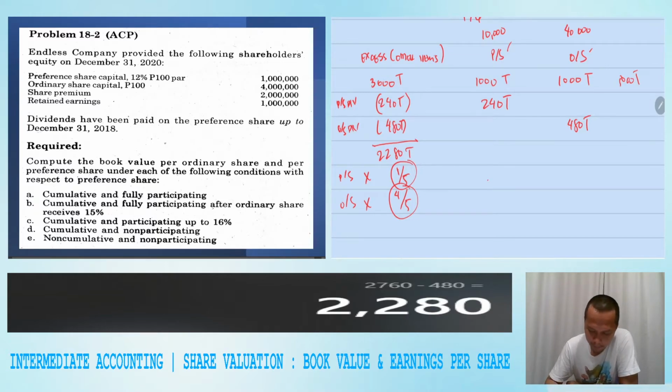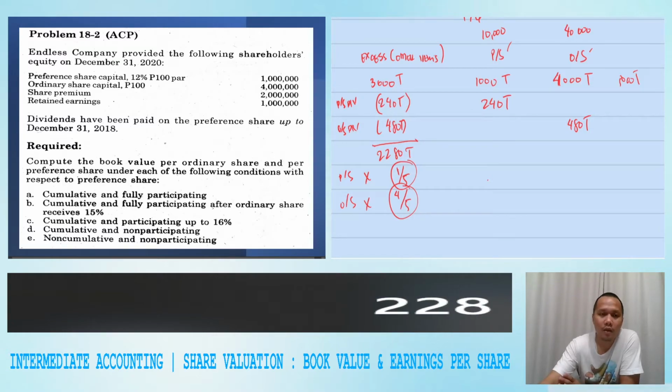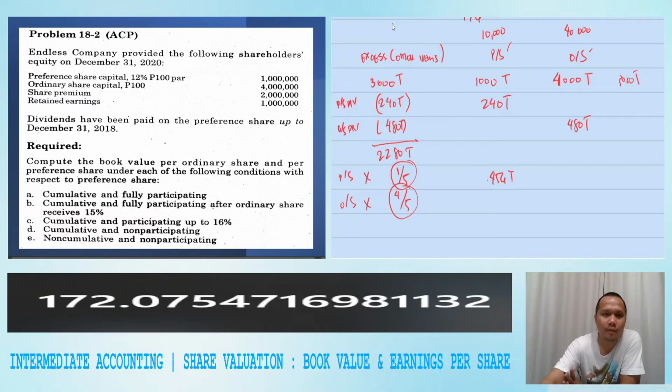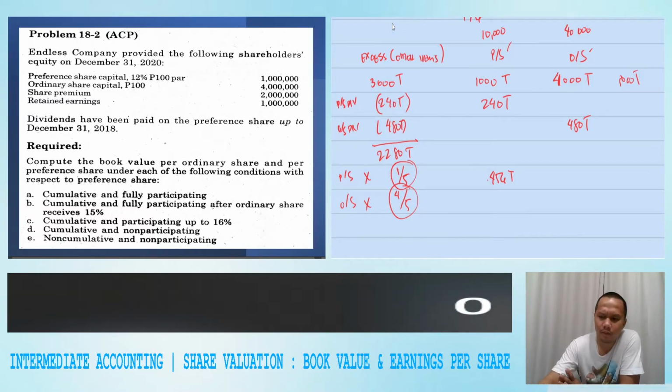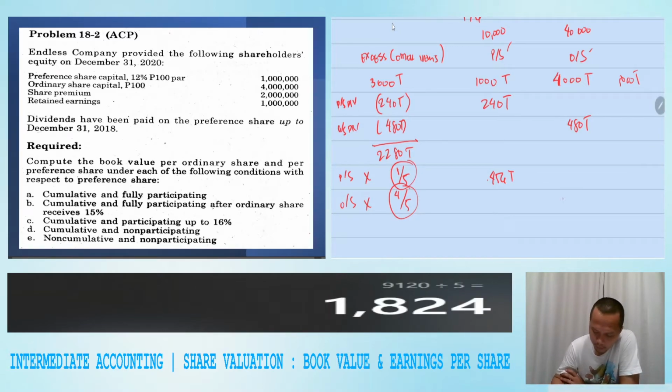So, 2,280,000 times 1 over 5, or simply, we have 456,000. 2,280,000 times 4 divided by 5, we have 1,824,000. Di ba?